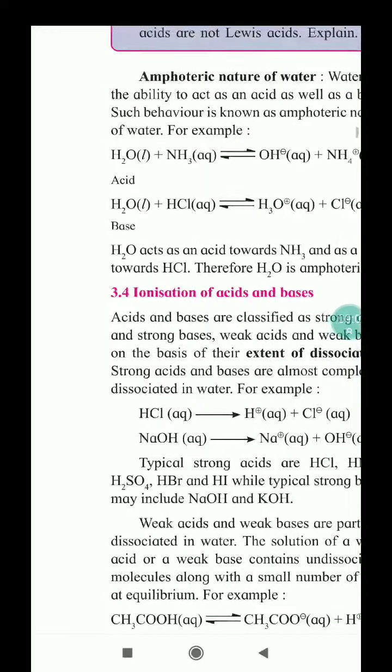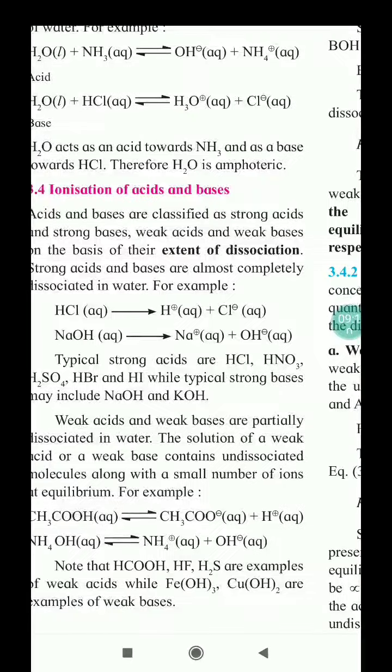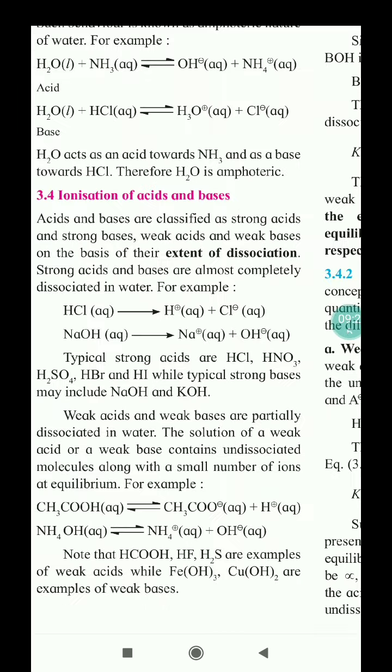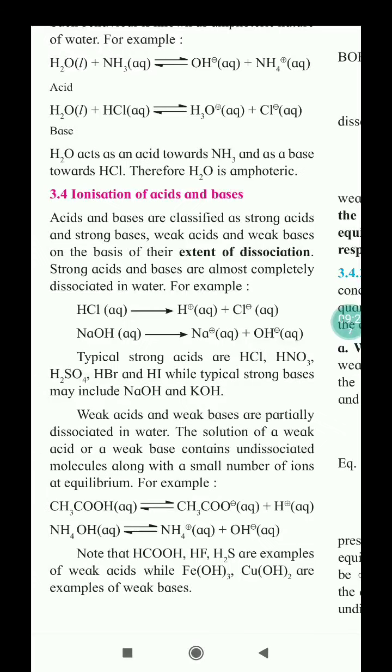Then, ionization of acids and bases. Here an electrolyte is ionized to form a solution which is able to conduct electricity. On the basis of the extent of dissociation, acids and bases are classified into strong acids and strong bases.